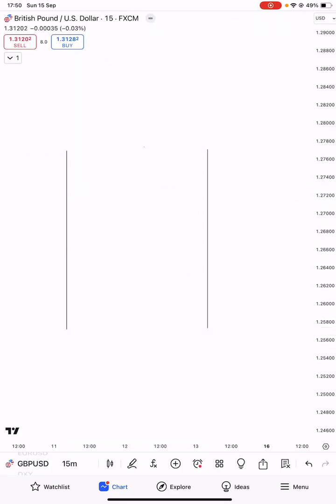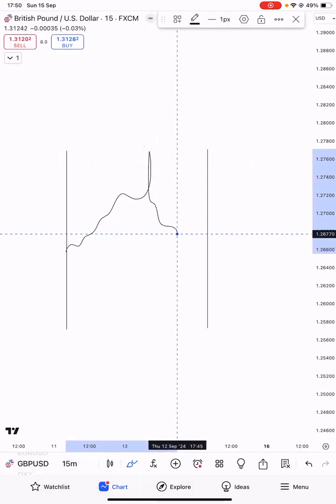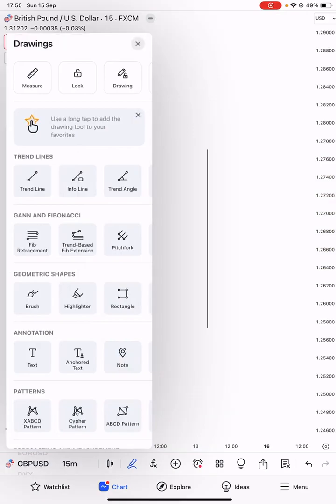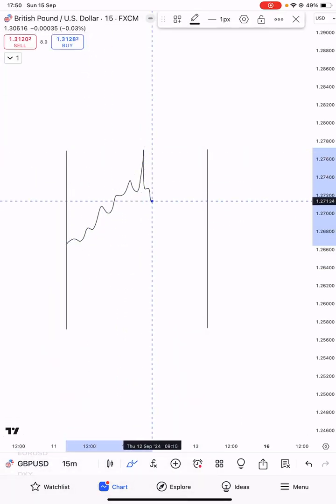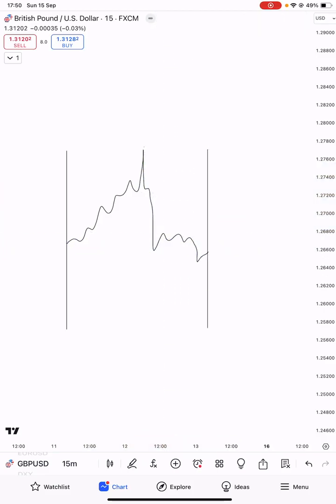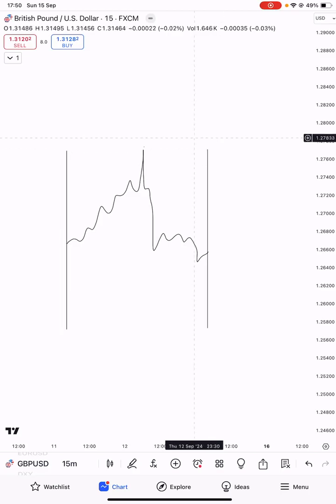Otherwise, it will be reached towards 11, because it's the midpoint in time of the candle. So if it reaches the key level at the midpoint in time, 11 o'clock, then it will be a pin bar.